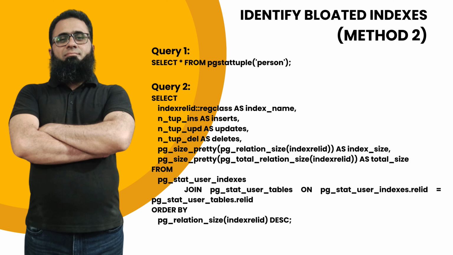You can use this query to identify the bloated index in your PostgreSQL database. You just execute this select statement in the PostgreSQL database. It will return the index names which need to be reindexed.